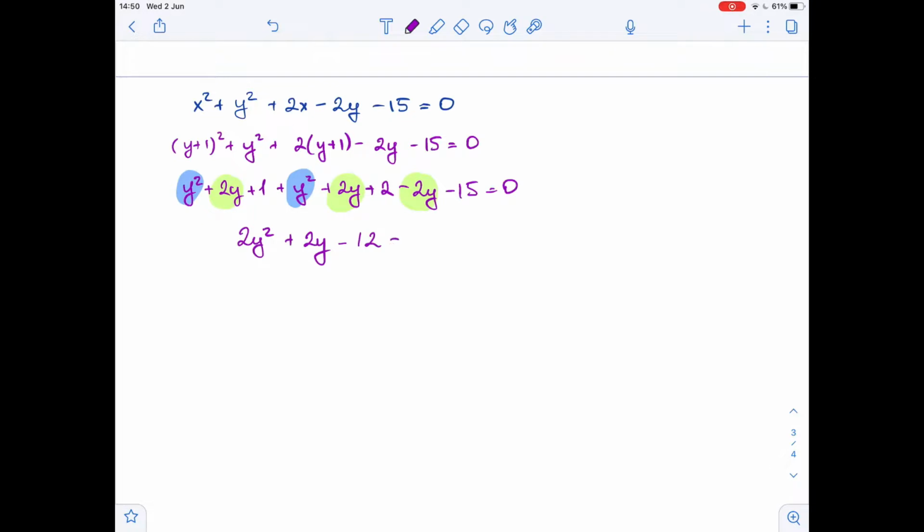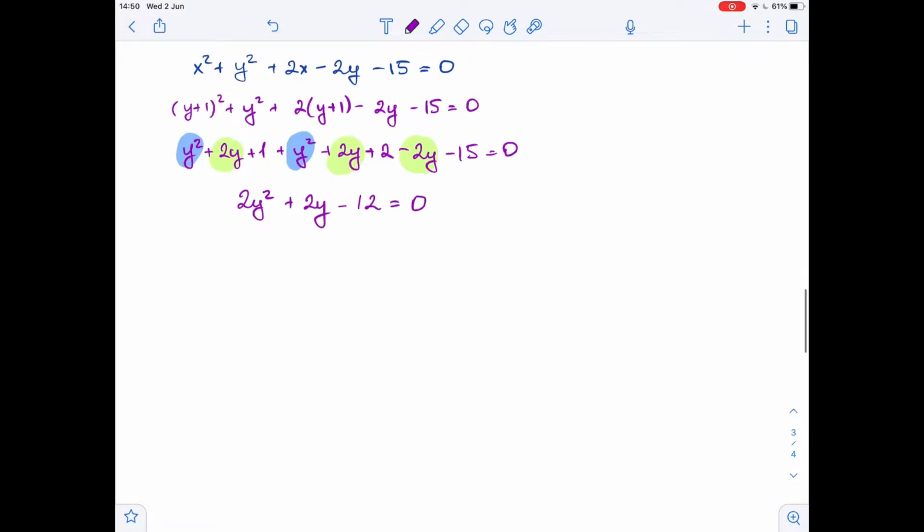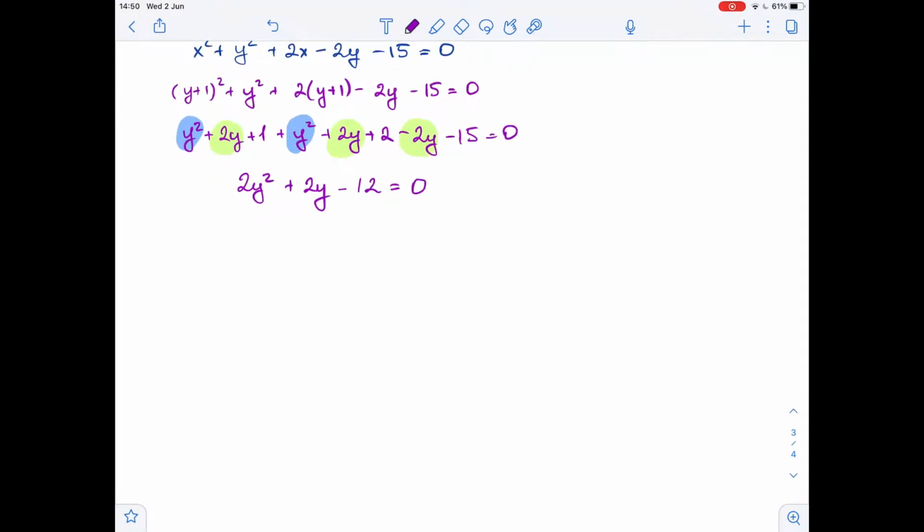And this whole thing is equal to 0. Now we can divide both sides of our equation by 2, and we have that y^2 + y - 6 is equal to 0.